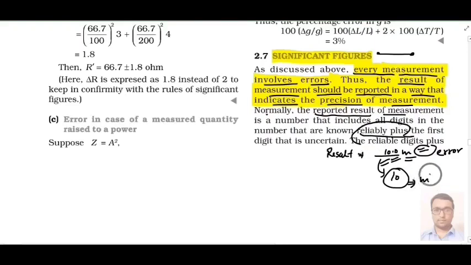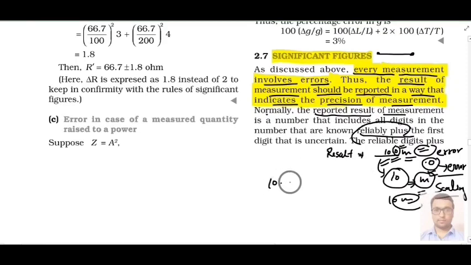This 10 meter gives us a number on which we can rely. But after the decimal we will have one more digit, like 0.0, and this indicates the amount of possible error, or you can say the scale of error.